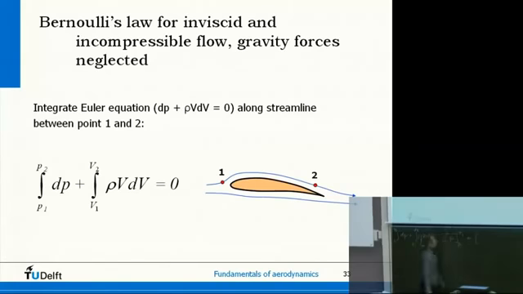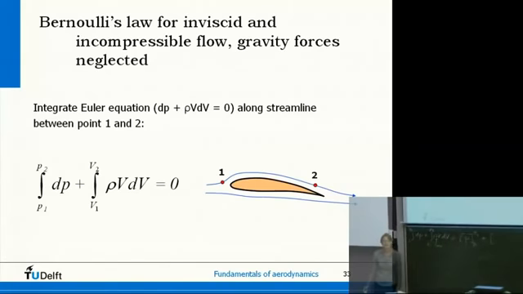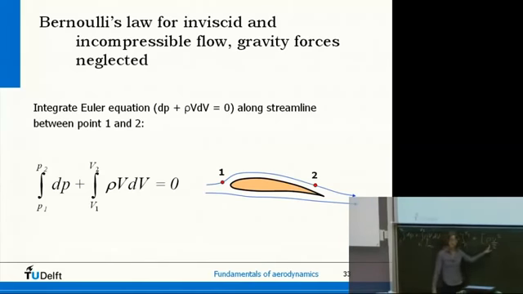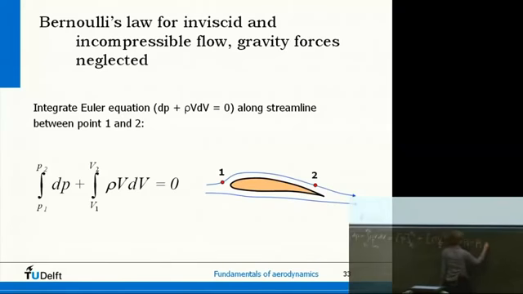Plus, what is the primitive of rho v dv? Rho v squared divided by 2, right? Because rho is constant, so we can take that out. If we take the derivative of v squared over 2, we have 2v over 2, so we get v dv. So that is pressure in point 2 minus pressure in point 1 plus rho v2 squared divided by 2 minus rho v1 squared divided by 2 is equal to 0.